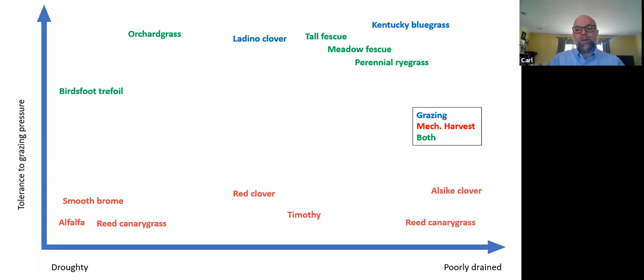And while they perform really well in pastures, a stand of pure Kentucky bluegrass may not be all that high yielding for mechanical harvest, and may not be worth your while. Species like orchard grass or meadow fescue tolerate grazing well, but they also yield a little bit more. So they might be better suited to a mixed system where you're including both grazing and mechanical harvest.